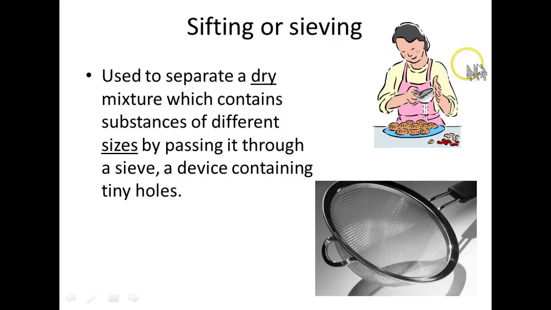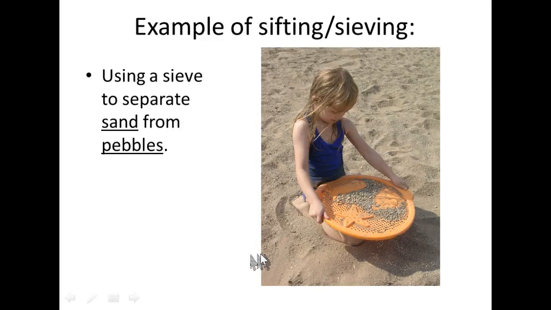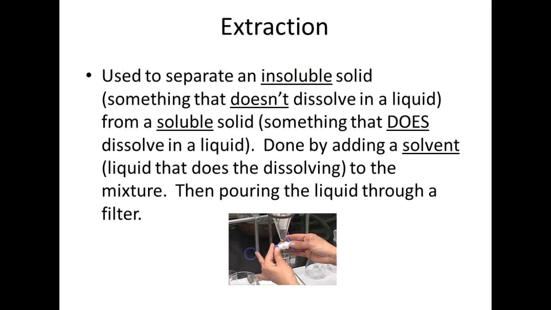The little diagram up here, she's using the sieve to sprinkle powdered sugar on her baked goods and leaving the clumps behind. Another example, when you're little, you might have had a toy that was a little sieve, and you might have taken it to play in sand or a sandbox.